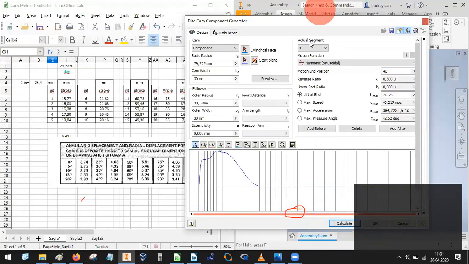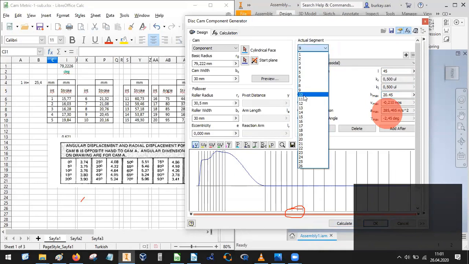The 9th segment, 9 times 5, which is 45, and the stroke here is 20.45. Hit the calculate.